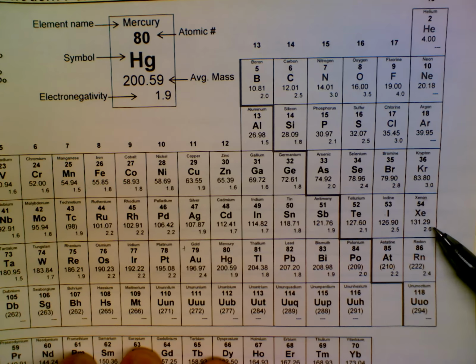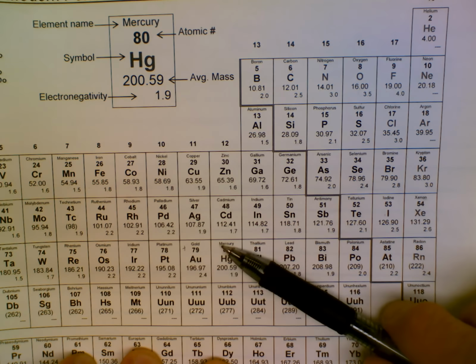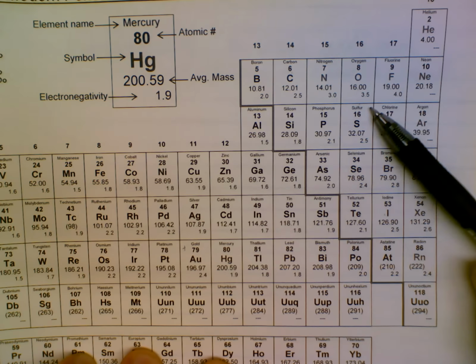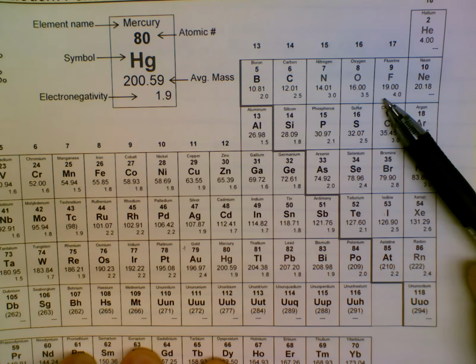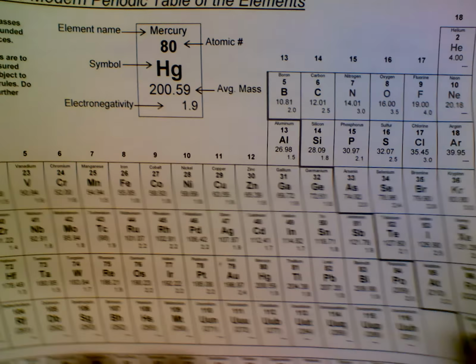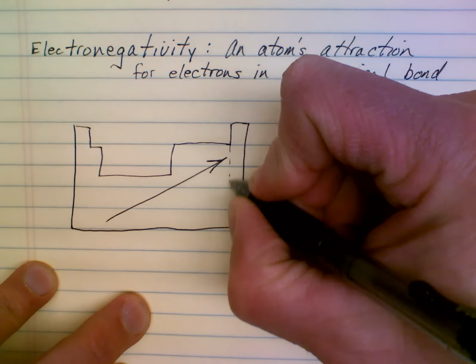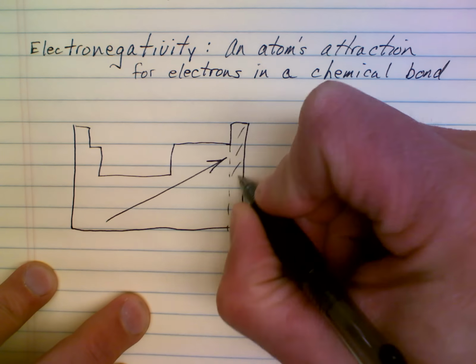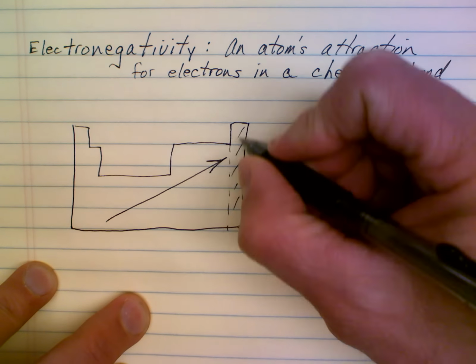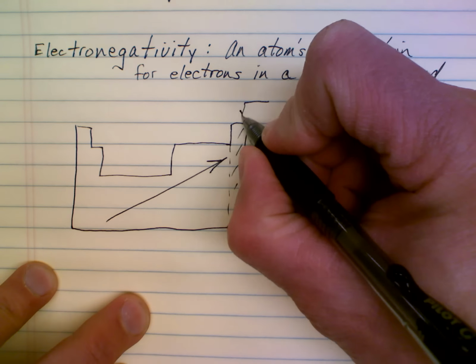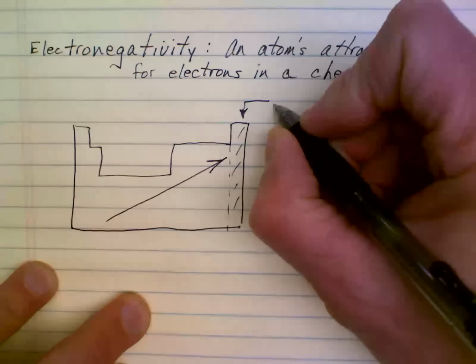You can see the trend here: going from lower left to upper right, the electronegativity continues to increase, with the exception of the noble gases. For the most part, we'll just assume the noble gases to be 0.